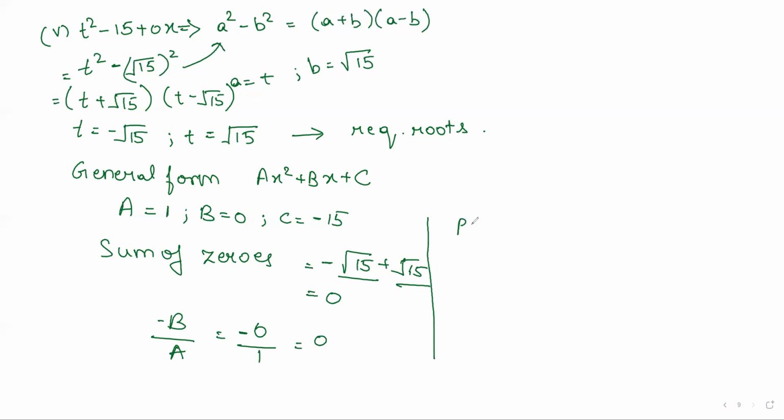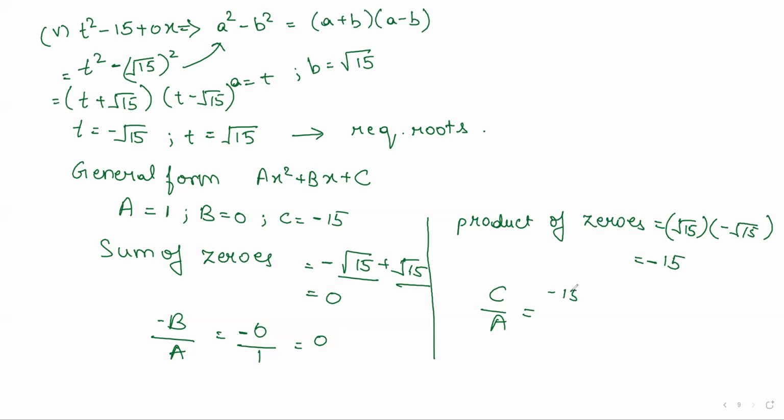So, product of zeros is equal to root 15 into minus root 15. Plus 1 into minus 1, plus minus will lead you to minus, and multiplication of these two quantities lead you to 15. C upon A is equal to, the value of C is minus 15 and A is 1. Again, minus 15. From these two values, we have verified the relationship between zeros and coefficients.